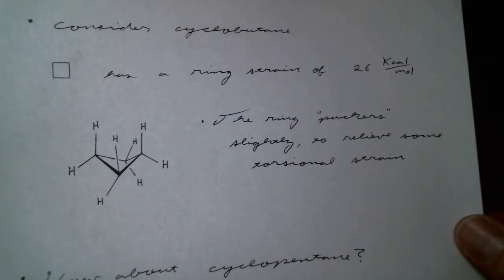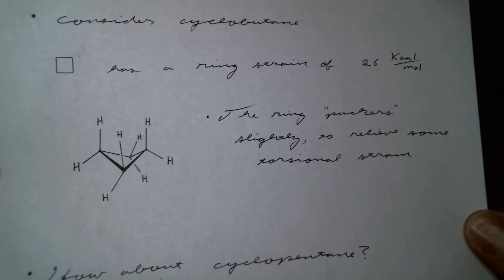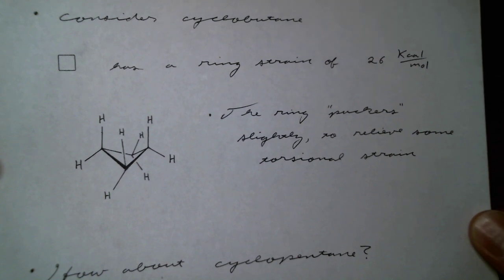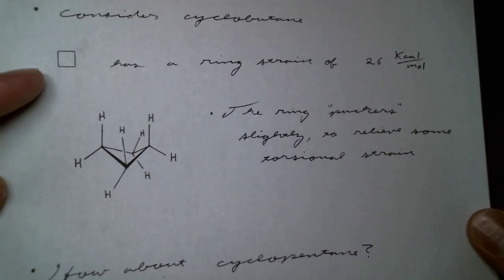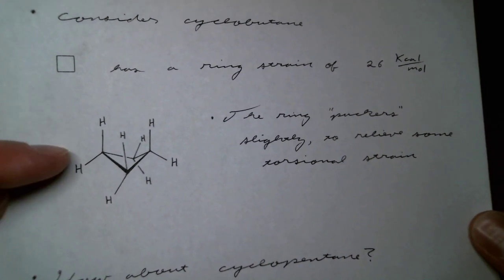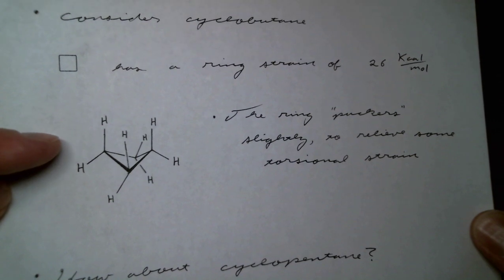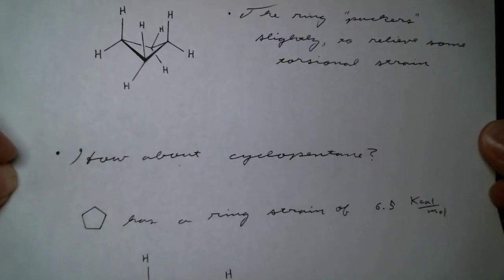We could look at cyclobutane. So consider cyclobutane. It has a ring strain of 26 kcals per mole. The ring can pucker slightly to relieve some of the torsional strain. This is highly exaggerated. You could actually build a model of this without breaking plastic bonds with your model set, and you can see that the pucker is very slight. How about cyclopentane?